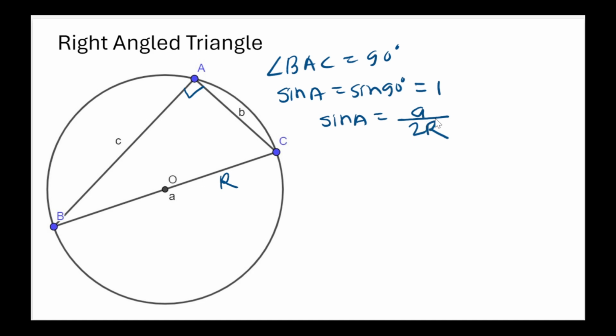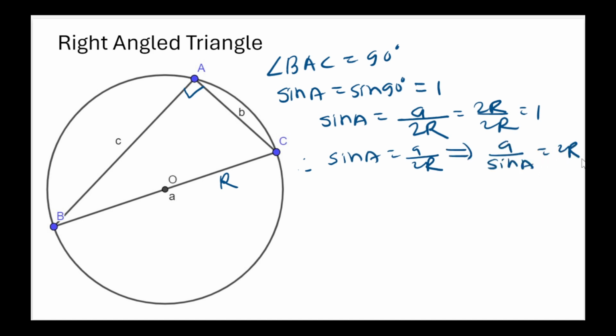As in this case a equals 2R, that is 2R upon 2R, equal to 1. Therefore, a upon sine A equals 2R. And for the other cases, we can say b upon sine B equals c upon sine C equals 2R.